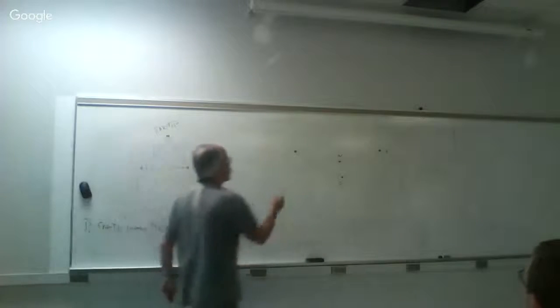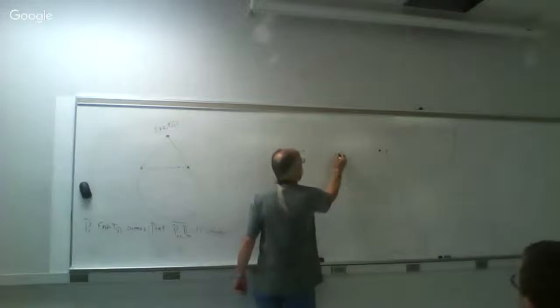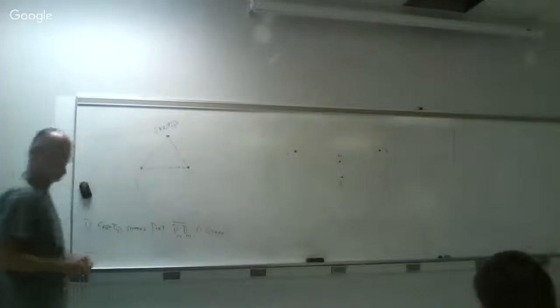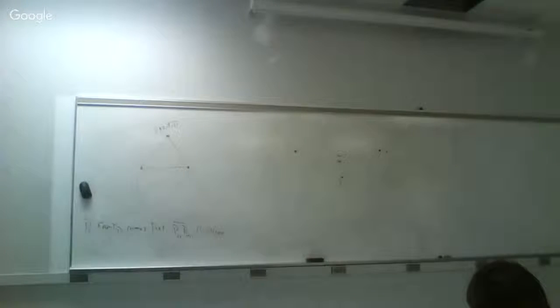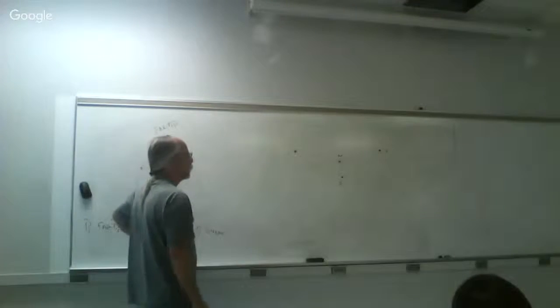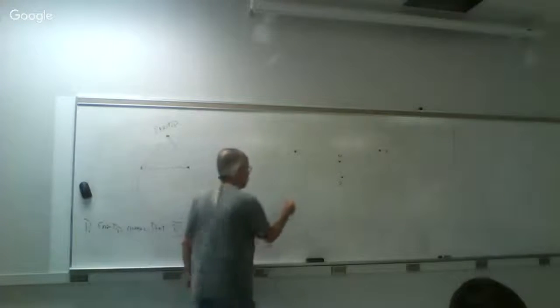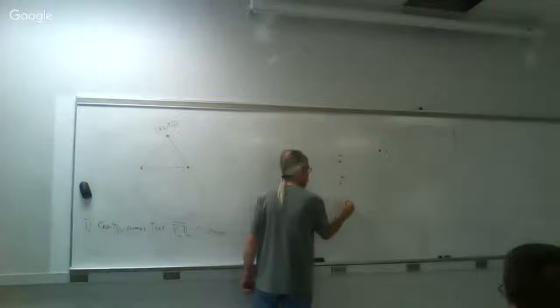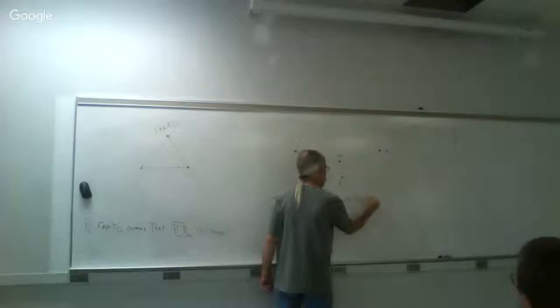But in fact, the line that goes between its neighbors is totally outside the polygon. So the big observation here is 2 is not an ear tip.